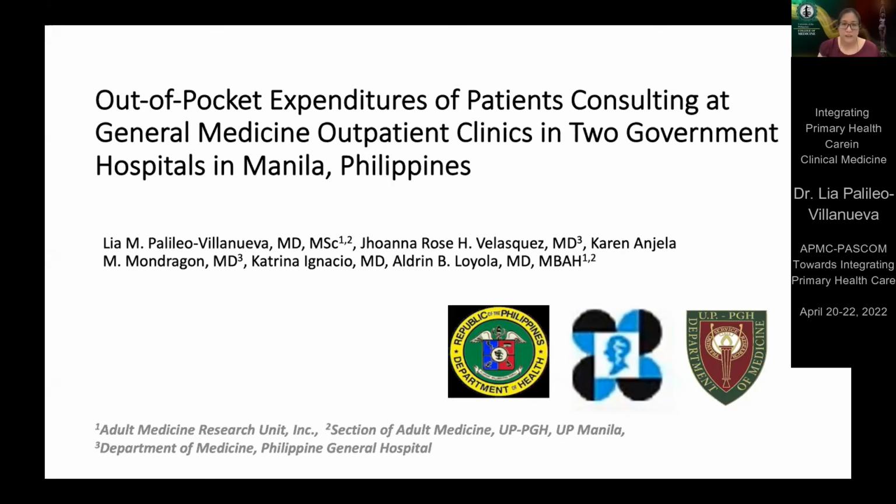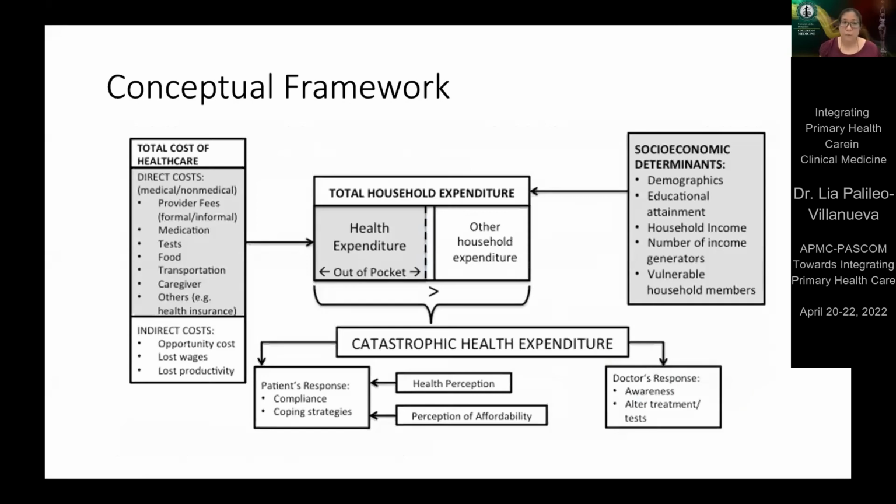And through the discussion, they realize the broader determinants of health, that a lot of our patients actually do not have any choice but to come to us late because of other factors that are beyond just their physical health. So we introduce concepts of catastrophic health expenditure and highlight the important role physicians play in terms of either avoiding catastrophic health expenditure or actually causing it.